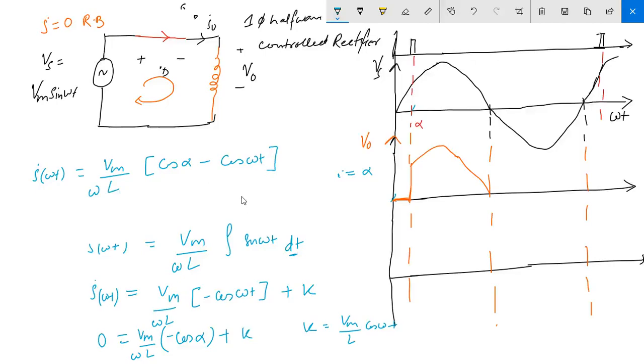Now, talking about your waveform condition, if you have to draw it, at alpha the current starts from here. This value of omega t is pi, right? So cos omega t, if you draw the waveform, it will be like this.